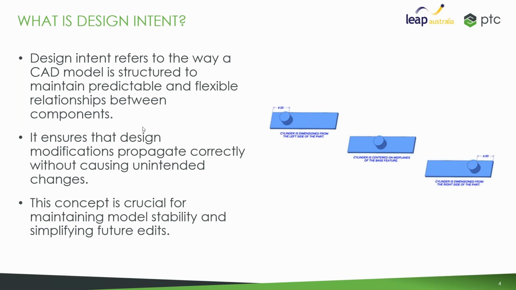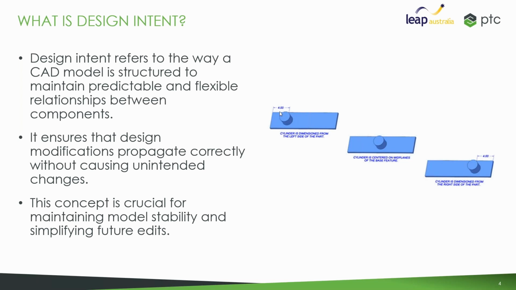So in the image that's shown, effectively we have a base feature, let's say the rectangular extrusion, very thin, and then we've just placed a boss on that surface, or extruded cylinder. So when we place that, we have some options.